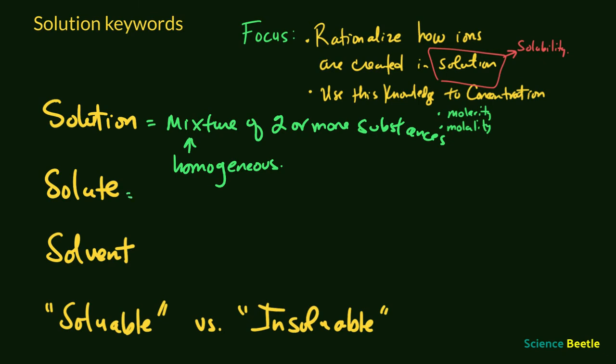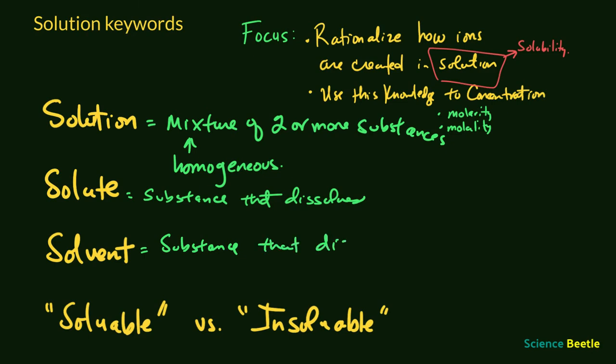Solute is going to be that substance that is going to dissolve. And it's usually going to dissolve in the solvent. And so that's the next one. And so the solvent is the substance that dissolves the solute. Or another way of saying this, the solvent is the substance in which the solute dissolves. Okay?